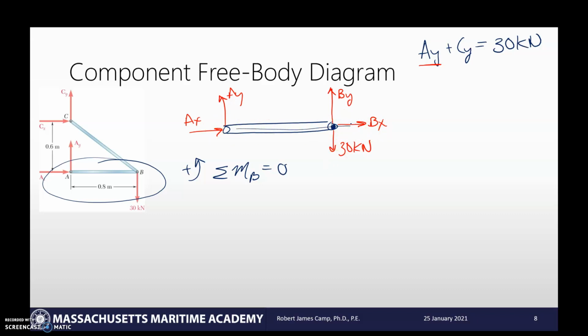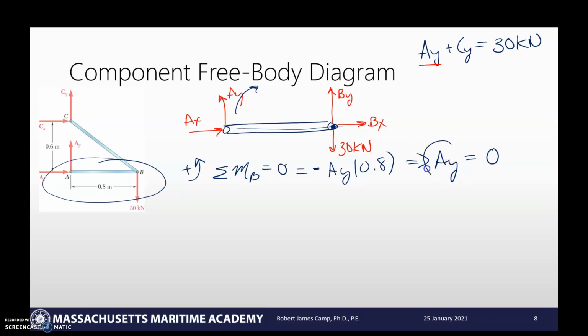AX is also right along that line. So what we're going to have is AY times 0.8, and that is going in the clockwise direction, so it's moving this way, so it's negative, but that's got to equal 0. So this tells me that AY has to equal 0.